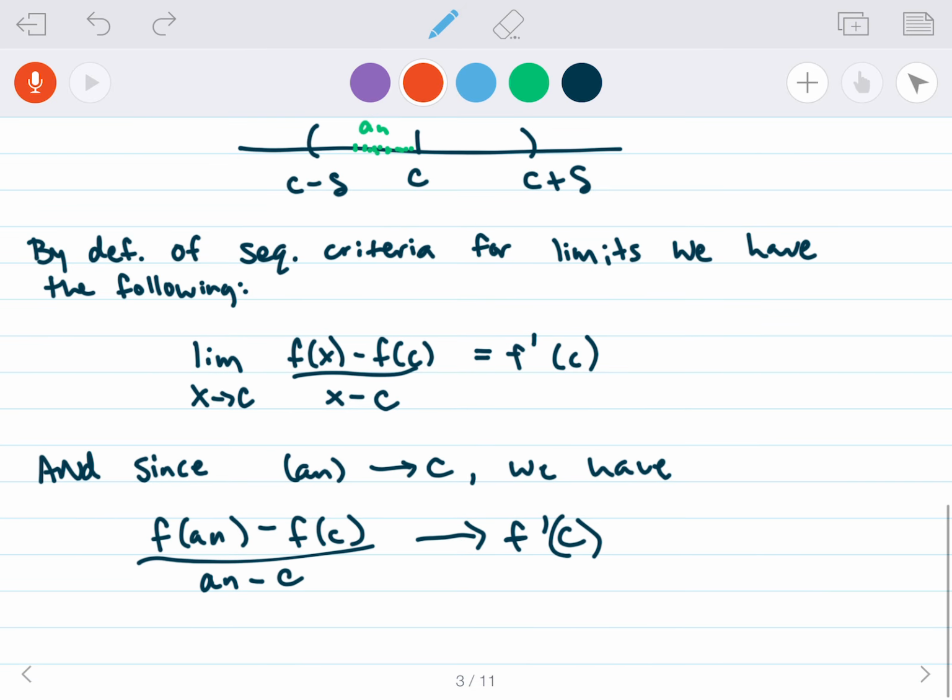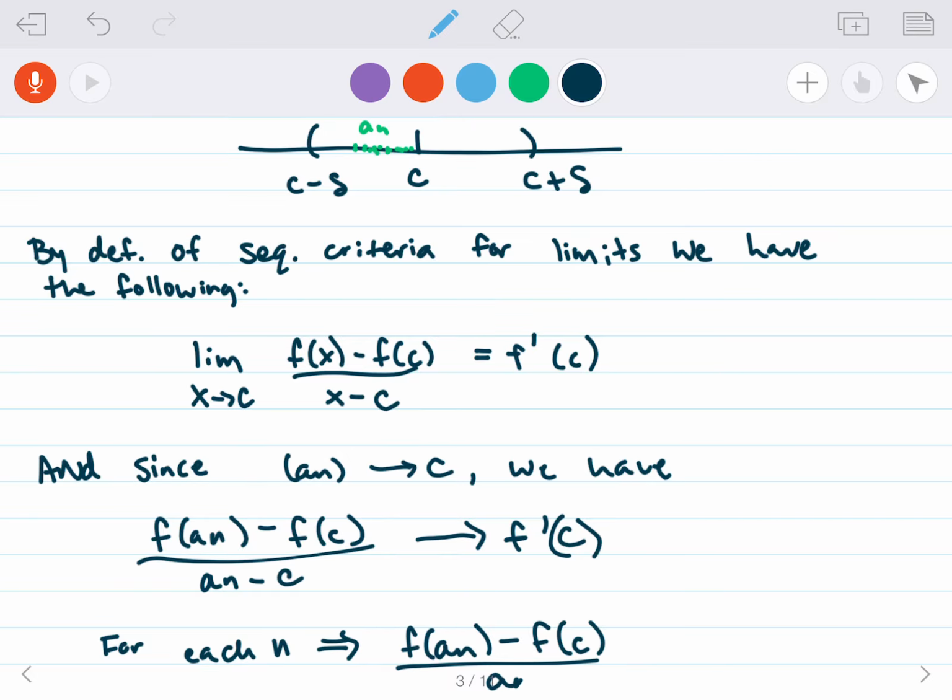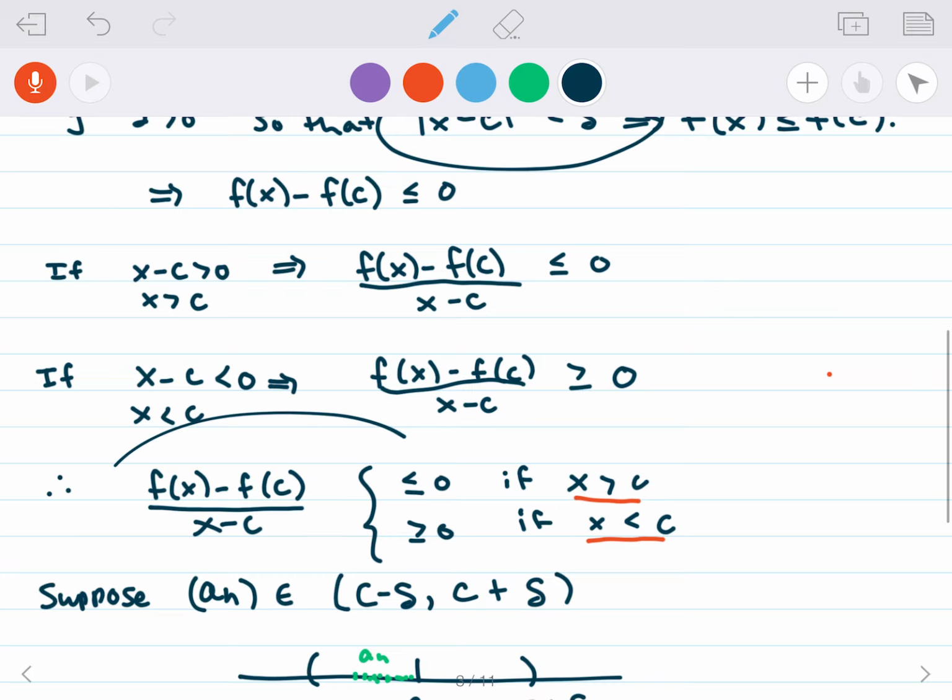So let's write that down. So for each n, it follows that f of a sub n minus f of c over a sub n minus c is going to be bigger than or equal to 0, and that's just from this fact right here.